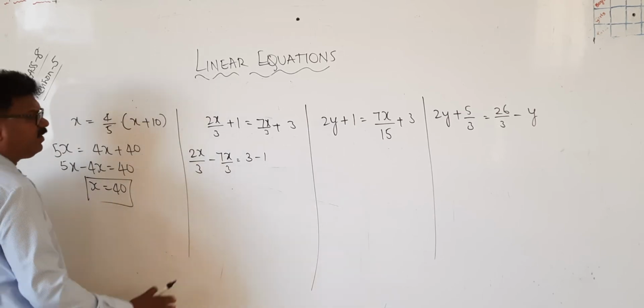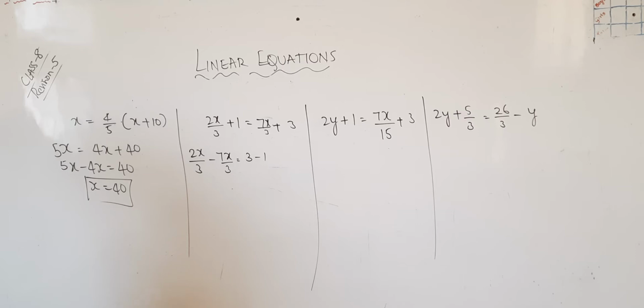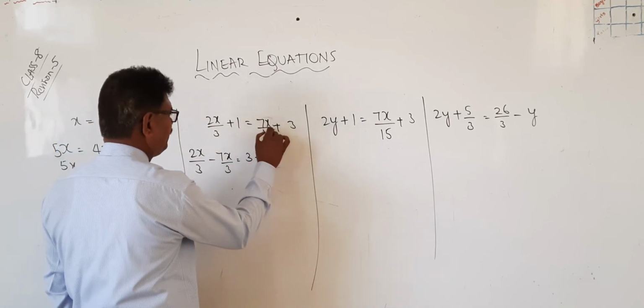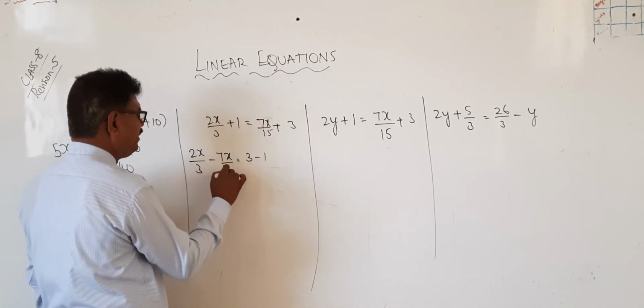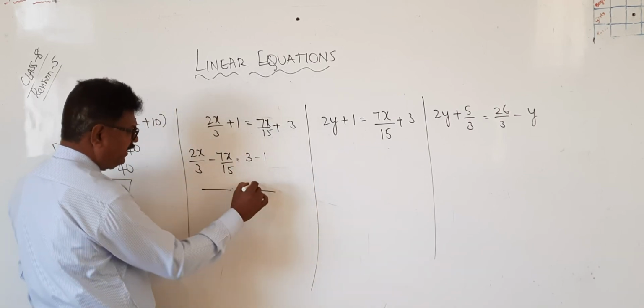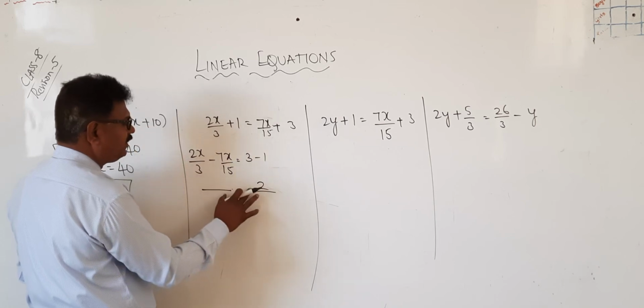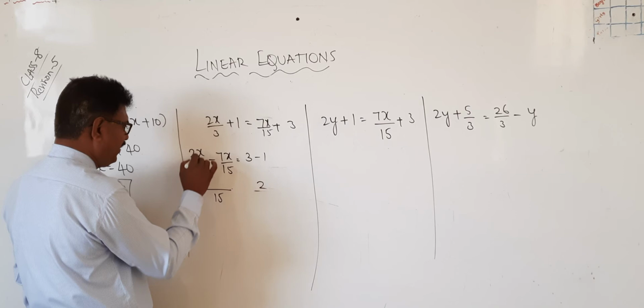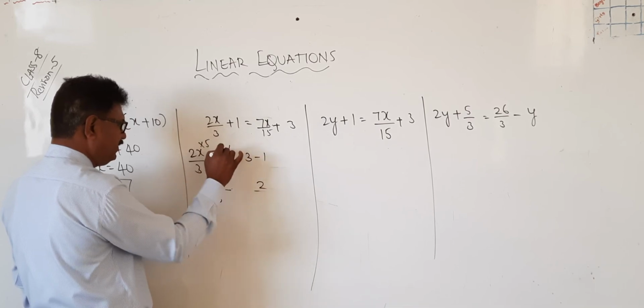Yes, it is 7x by 15. So take it 7x by 15. Now, what is the LCM here? You tell me. There is no common LCM here; 15 is the LCM. So 3 fives are 15, and 15 into 1.